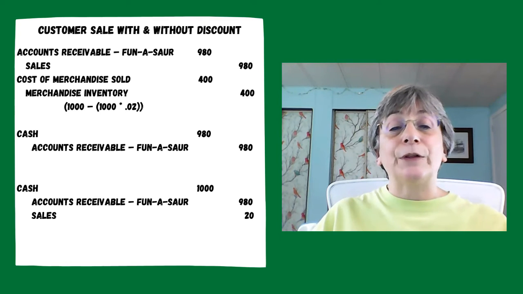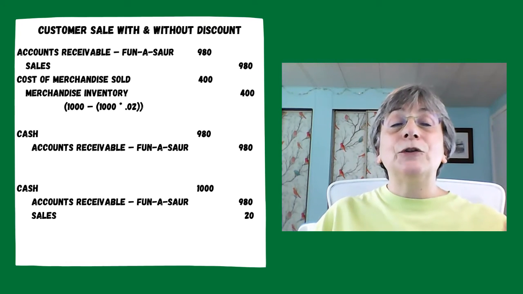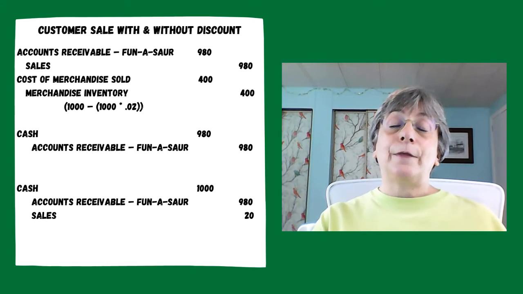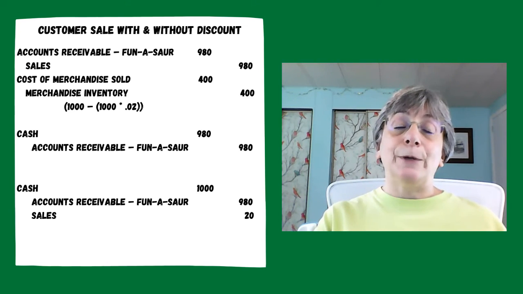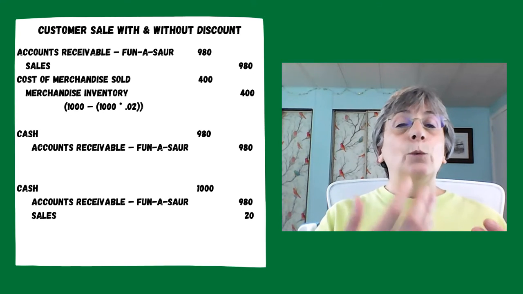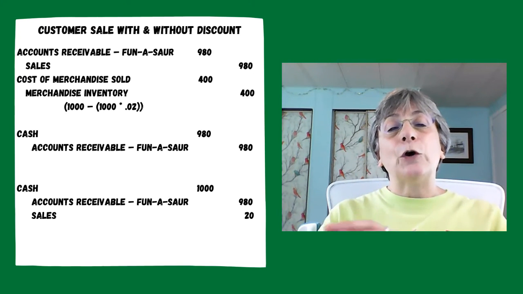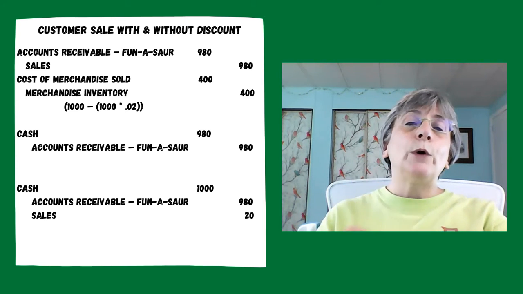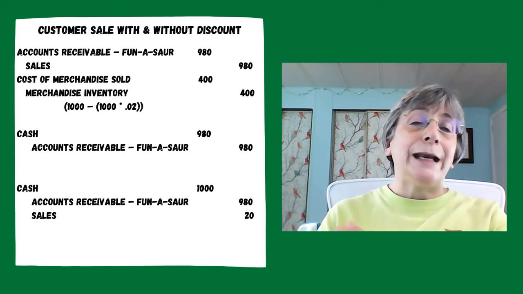the $1,000 that they owe us, we've got to do something different with this entry. So we're going to record the $1,000 that we're receiving. We're debiting cash for $1,000. We need to clear out the amount that's owed by Funosaur in our accounts receivable. So we're going to credit that for $980.